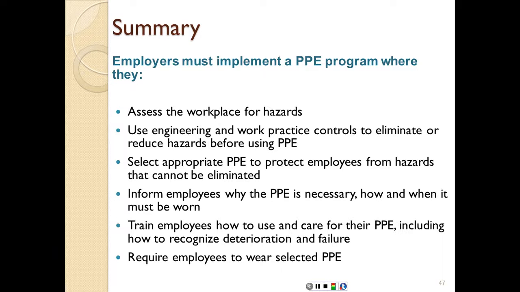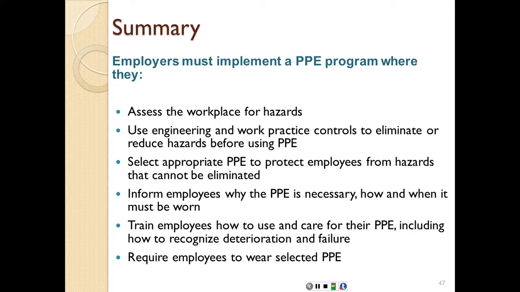Inform employees why the PPE is necessary, and how and when it must be worn. That's going to be done through different meetings and different training. Train the employees on how to use and care for their PPE, including how to recognize deterioration and failure. If it's not working adequately, it has to be fixed or discarded and replaced.